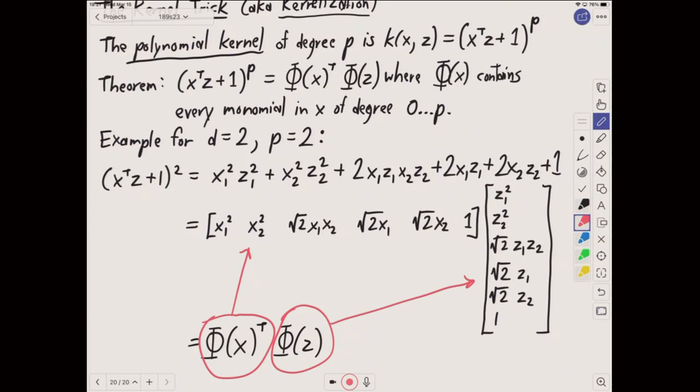And so what you'll notice is that I have shown that this thing here is equivalent to writing out all of the different monomials in x1 and x2 up to degree 2, degree 0 to degree 2. Inner product with the same thing.